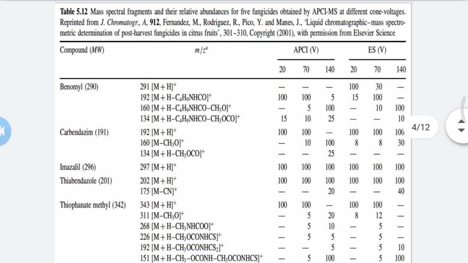Okay, so this method was then applied to extract orange peel, but binomial and thiophanate methyl were not recovered.